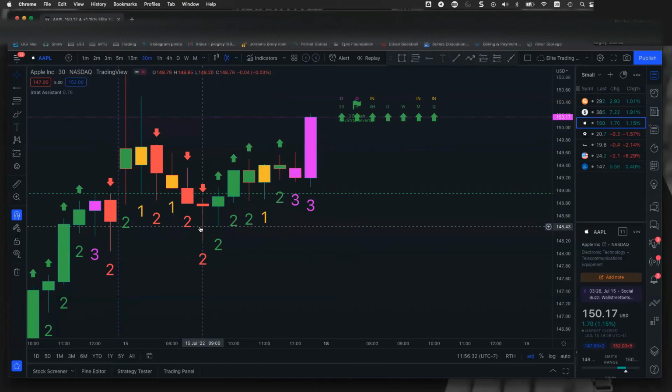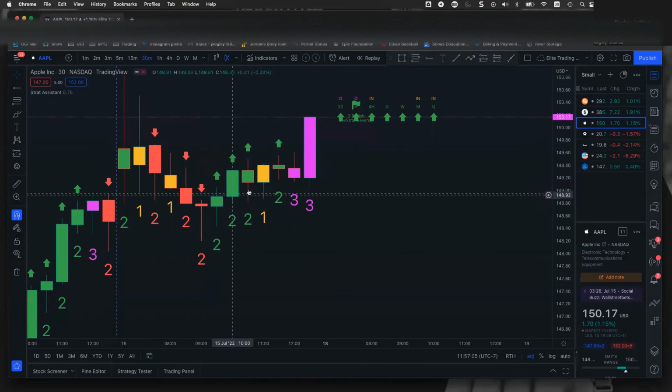If we're looking at the next candle, so we see where price opens up on this green candle, which is about 148.74. Price tries to go down. It fails, comes back up and breaks the high of the previous candle. This is what makes it a 2 up candle because it's above the 50% mark. I don't know if it's exactly 50%, but it's the top half of the previous candle makes it a 2 up bar.